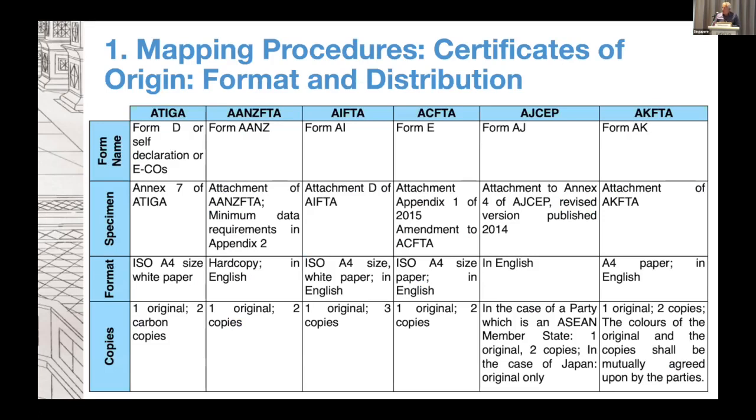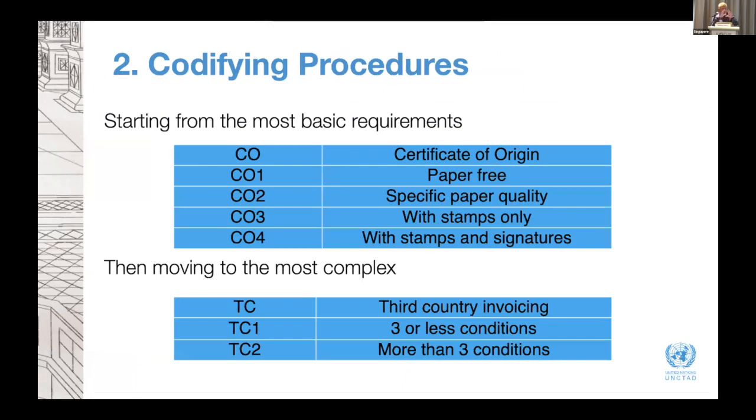What we are developing is a way to orientate ourselves between these different forms of certification. So we started to map procedures, because there are many FTAs, and we have different certificates of origin, with different requirements and different entries in each certificate. We need to put them in order to understand and frame the problem.